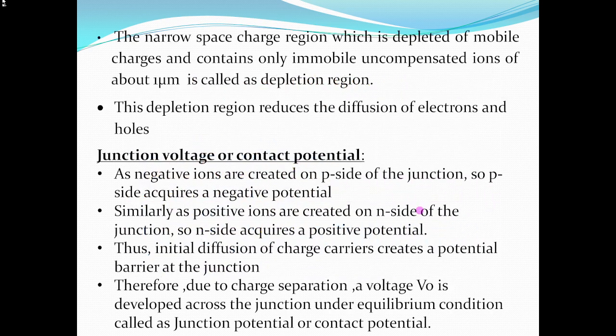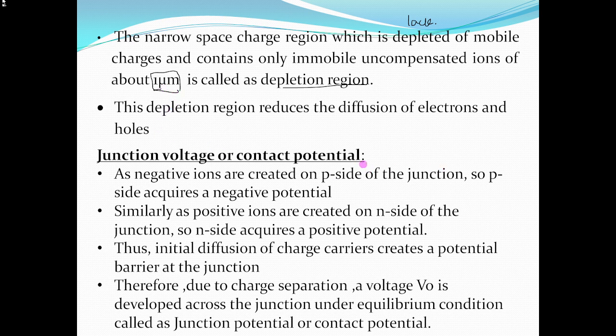The narrow region which is depleted, meaning lacking mobile charge carriers, is called the depletion region. The width of the depletion region is 1 micrometer.